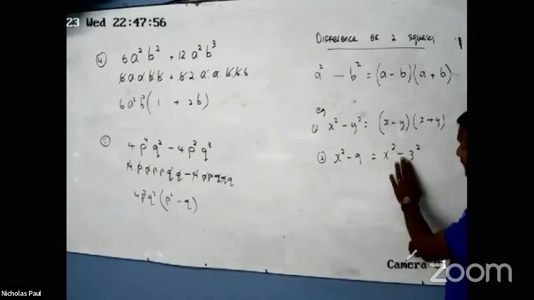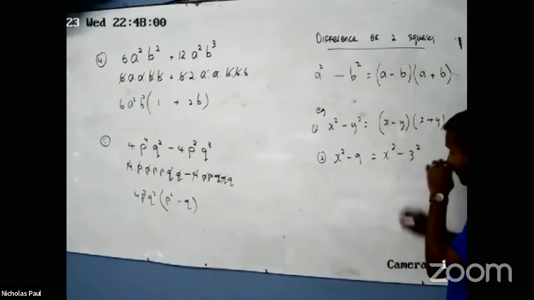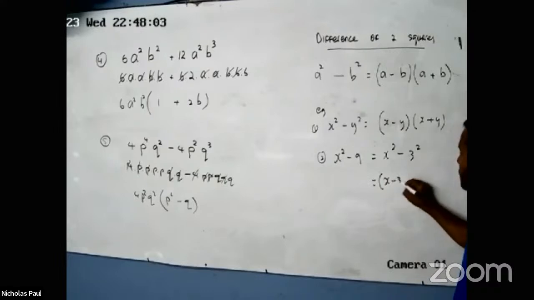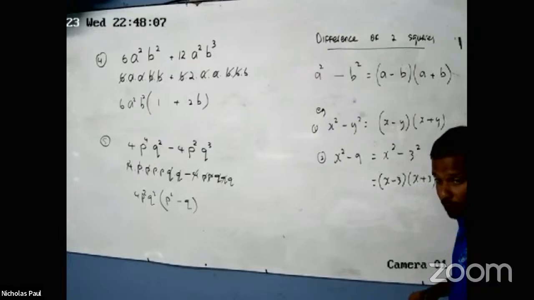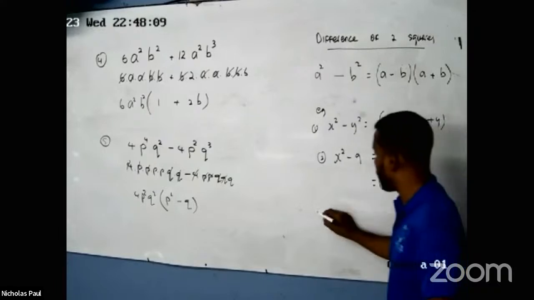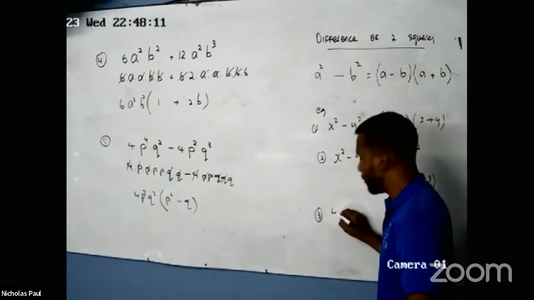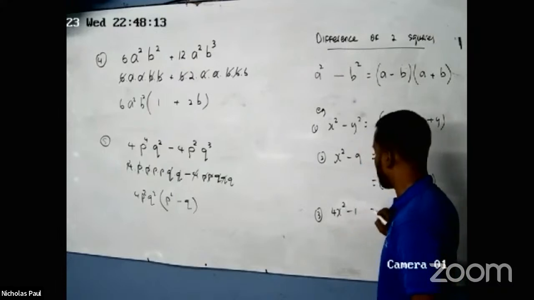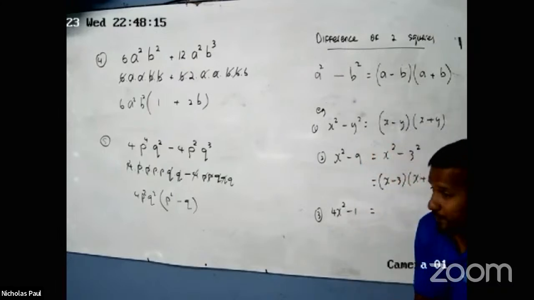Now it's a difference of 2 squares. Now we can use the rule: x minus 3, x plus 3. That's okay? Let's try one more. Suppose I gave you 4x squared minus 1. How am I going to turn that into a difference of 2 squares?